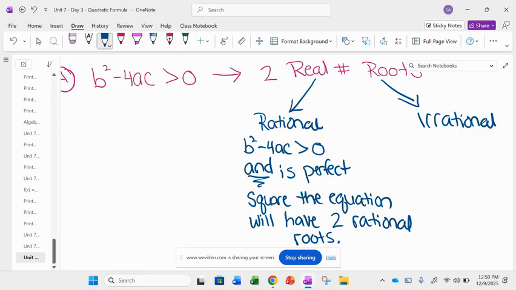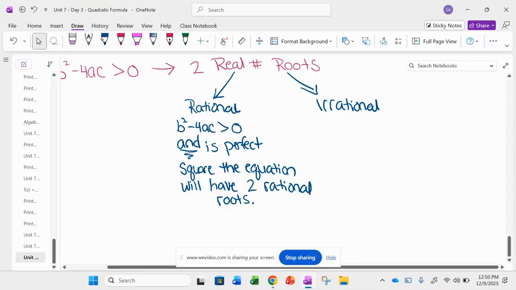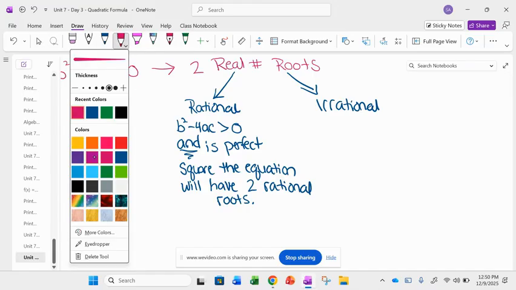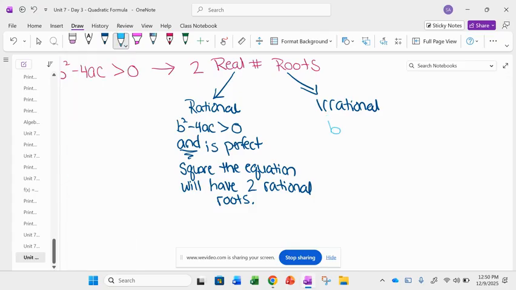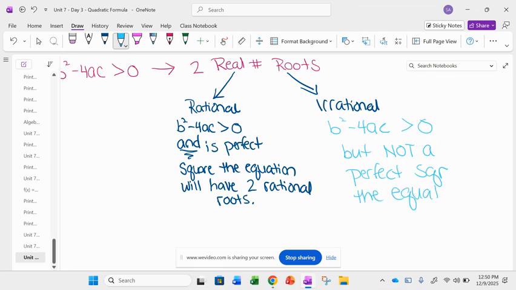So if our discriminant is bigger than 0, but is also a perfect square, not only will we have 2 real number roots, but those real numbers will be rational numbers. And so if B squared minus 4AC is greater than 0, but not a perfect square, the equation will have 2 irrational roots.